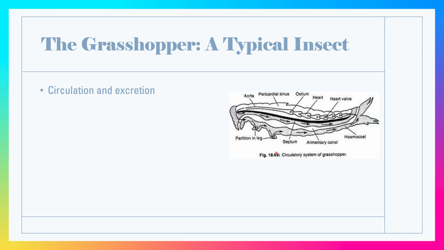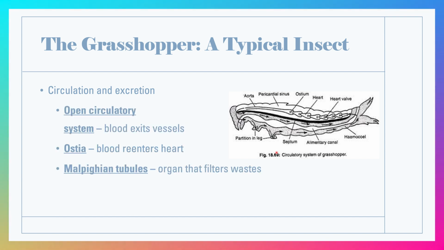Taking on now the second and third system, the first system being the GI or digestive system, the second and third system being the circulation and excretion. We look at this diagram. Now, this is the first time we'll be talking about an open circulatory system. An open circulatory system means that at some point along the way, the blood exits the blood vessels and is free to move around, and then it is recollected.